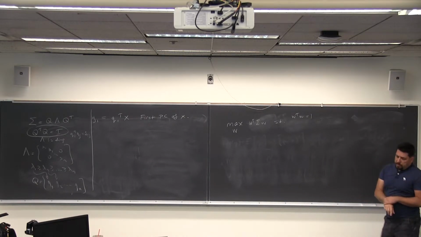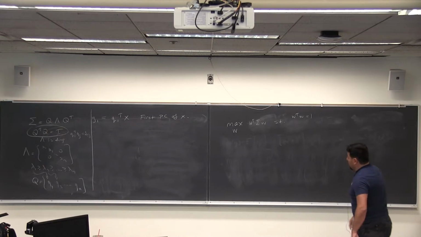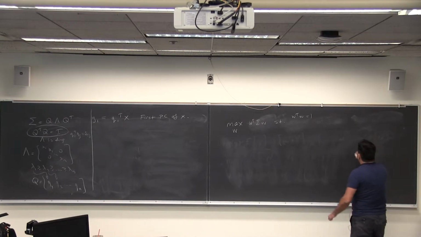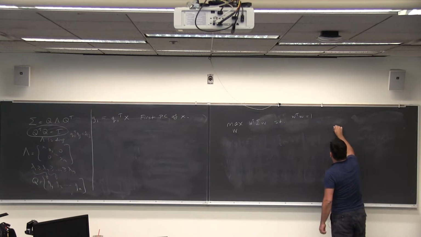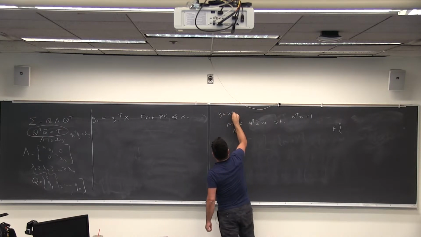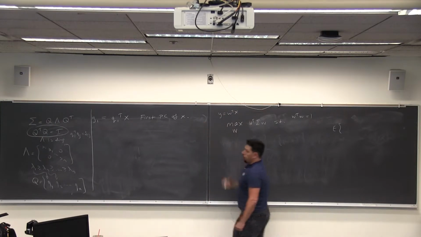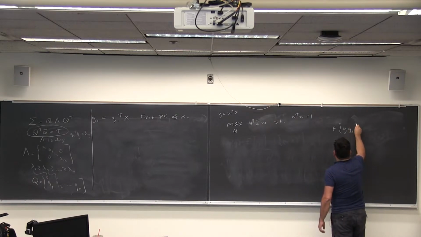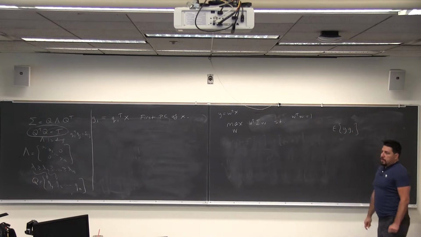I'm interested in making the second projection uncorrelated with the first one. I already committed to a first projection y1, and I want these to be uncorrelated.